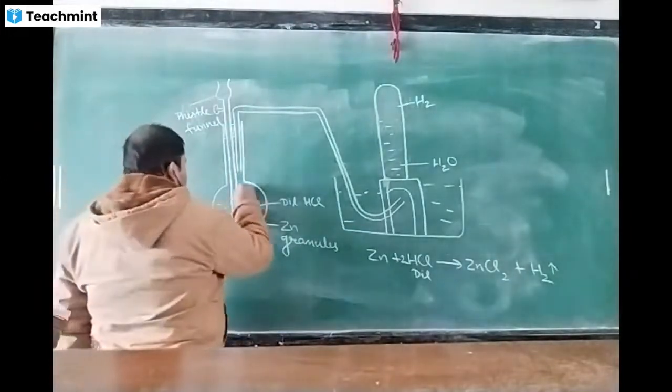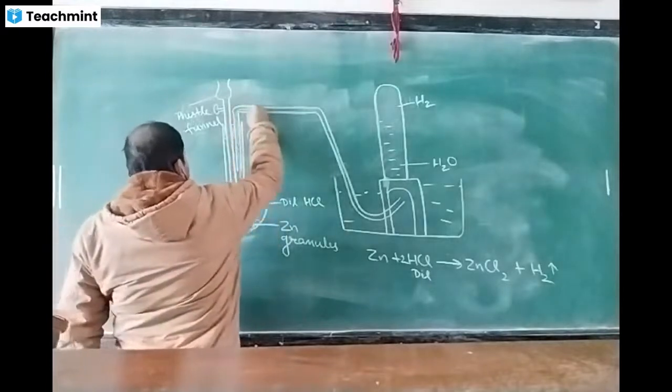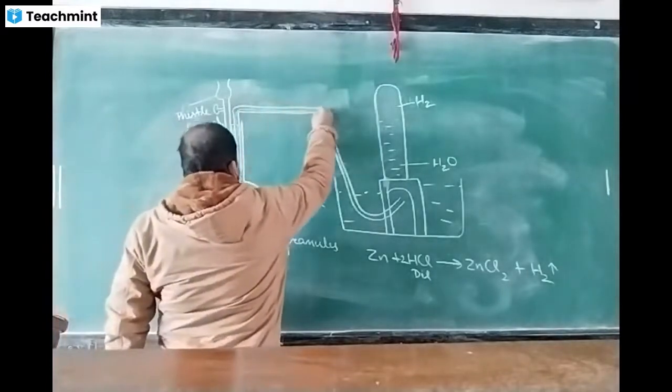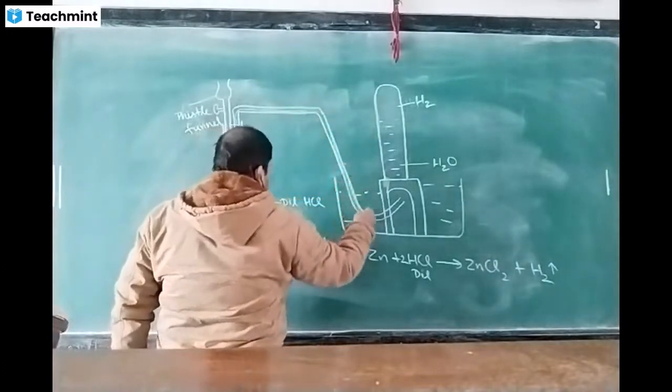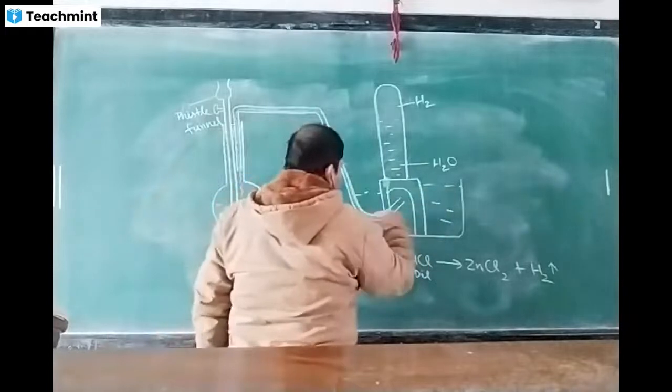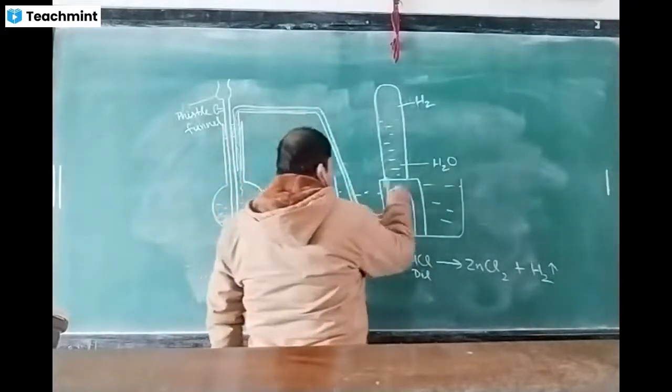So hydrogen gas is released, and this gas will go upward. Here one delivery tube is present. With the help of this delivery tube, the hydrogen gas will pass to the beehive shelf, and water is present here.